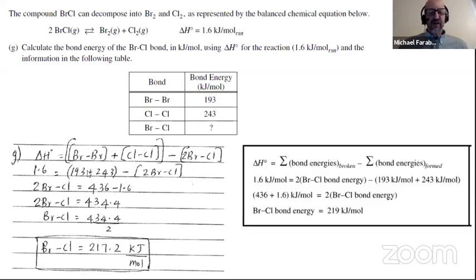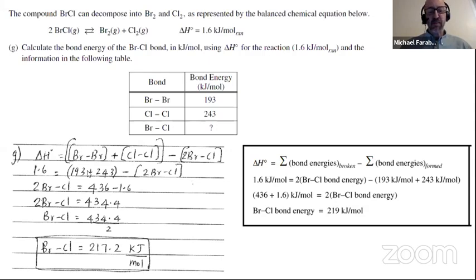Now, if you just look at the numbers, initially you might think that the student is actually correct because you think, oh, it's close enough, 217.2, oh, 219, that's only off by about 1.8, but there's a small difference between the reactants and the products, and that's the 1.6. So what they have done incorrectly is they have treated this as a products minus reactants, and that is only used for the enthalpy of formation, not for bond energy, a very common misconception.